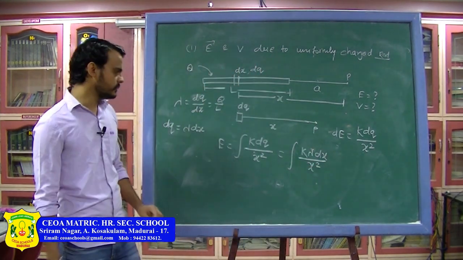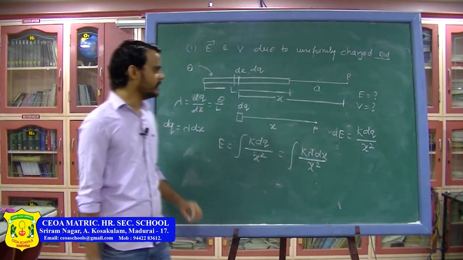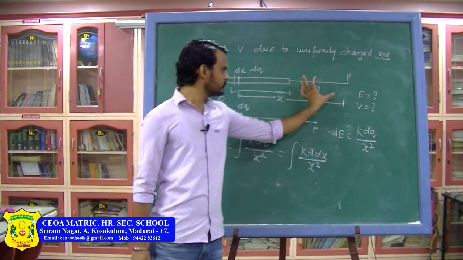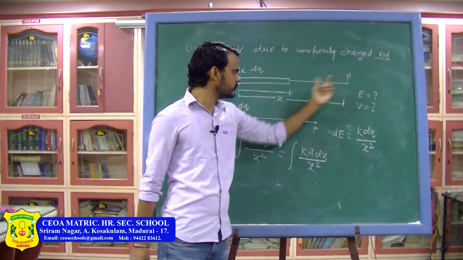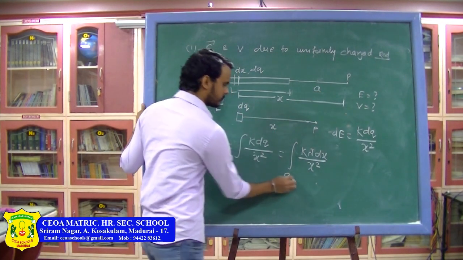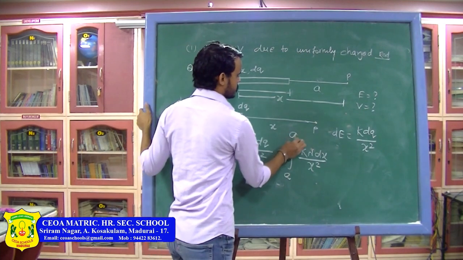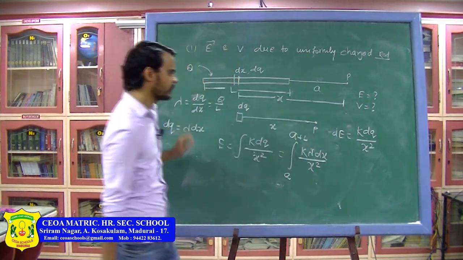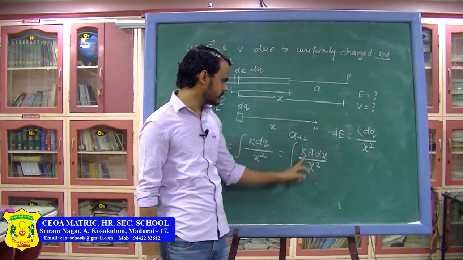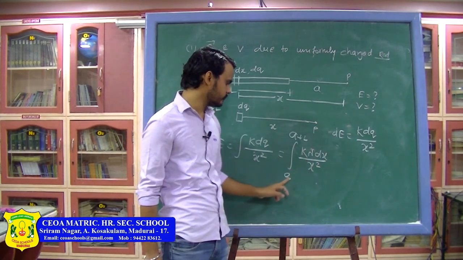Now I have to decide the limits of this integration. The minimum value of x is the distance from this end to the point, which is a, and the maximum is a plus l. So the total integration will be k lambda dx divided by x square from a to a plus l.